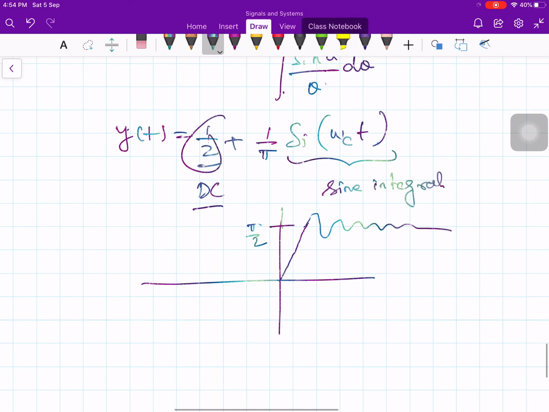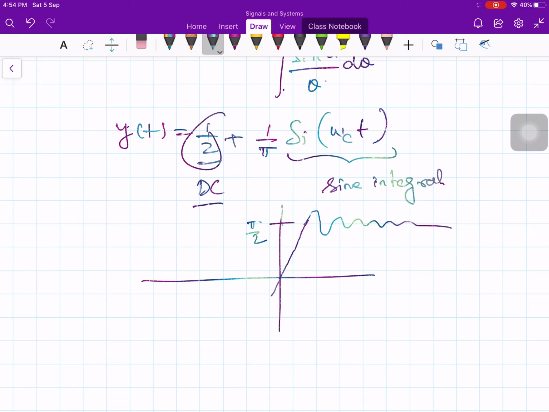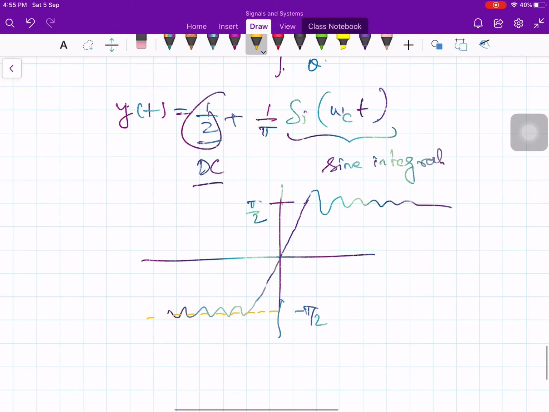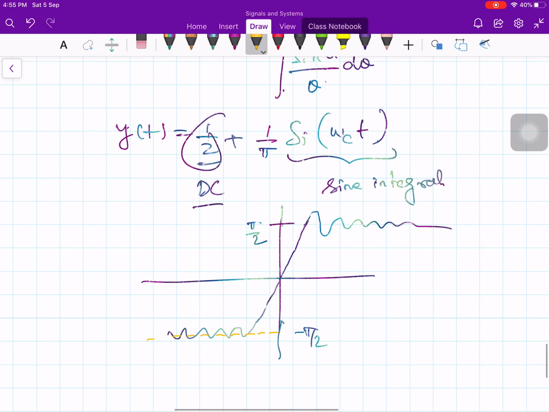Similarly, on the negative axis it comes like this and settles down to a value of minus pi by 2. But this is multiplied by 1 by pi. That means this pi by 2 multiplied by 1 by pi, and this also multiplied by 1 by pi, so pi will get cancelled. So eventually it is minus half, and this point is plus half.